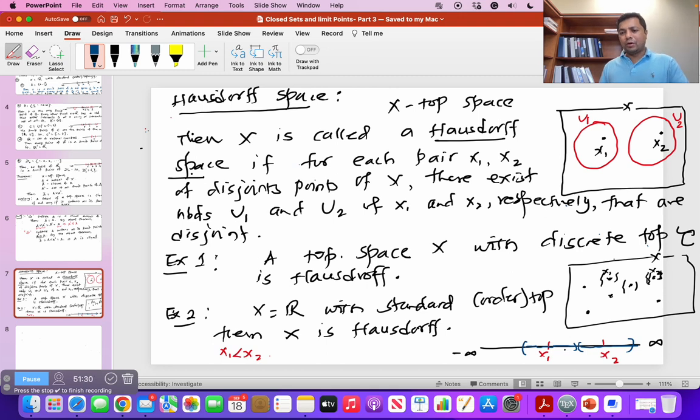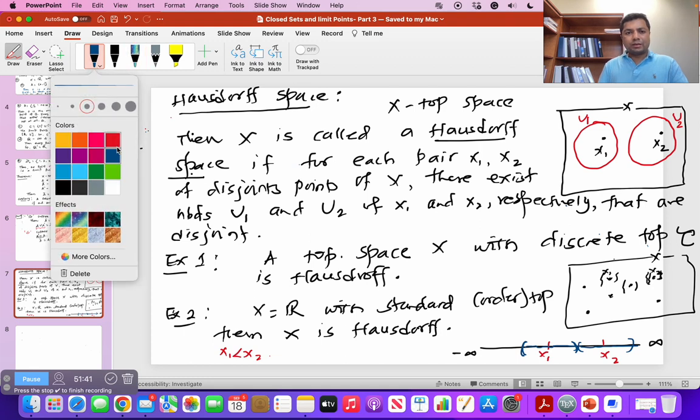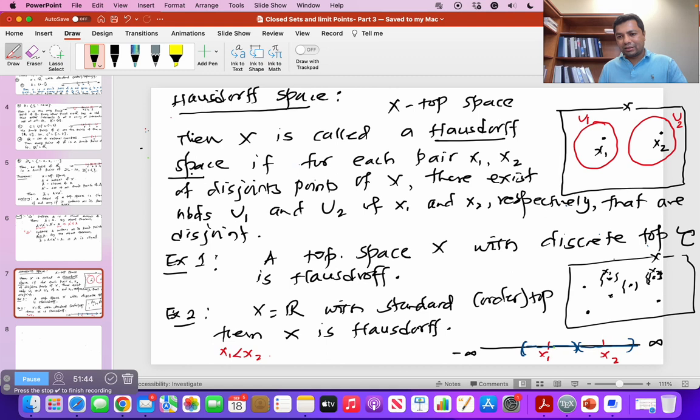Now, if you want to find exactly what these points are, you can take this distance from here to here, which is x2 minus x1, and divide by 2. That is going to be the center, the midpoint of x1 and x2.